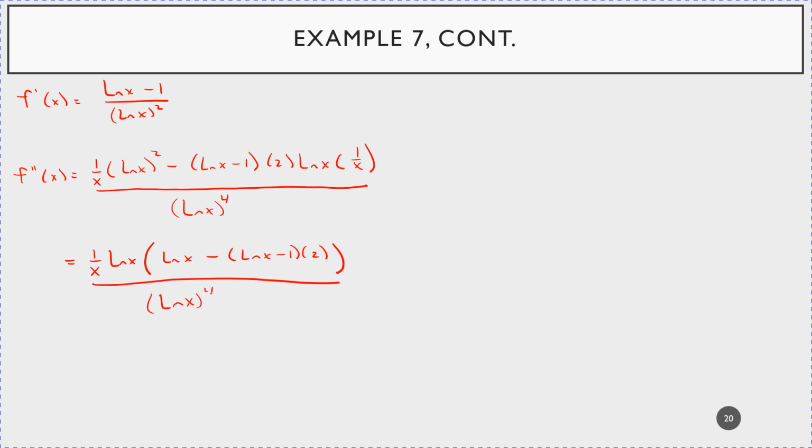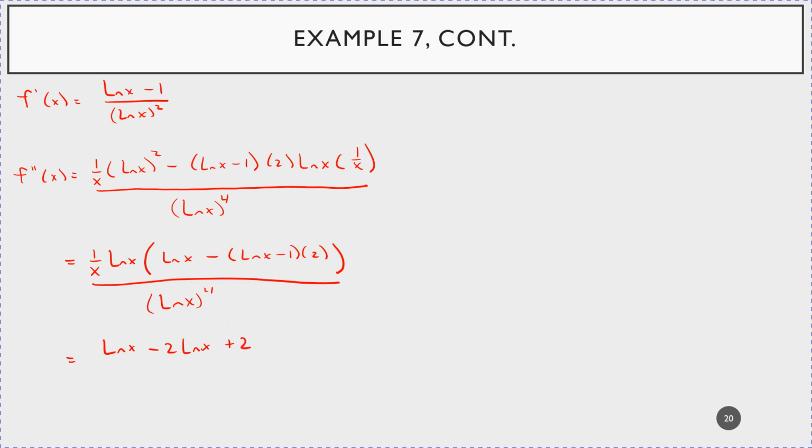Now, a lot going on here, but let's clean it up. The 1 over x, the x comes down, and an ln of x is going to cancel here. So this ends up being just ln of x, and then I'm going to distribute. Minus 2 ln of x, and then minus becomes plus 1, and then I have this 2.